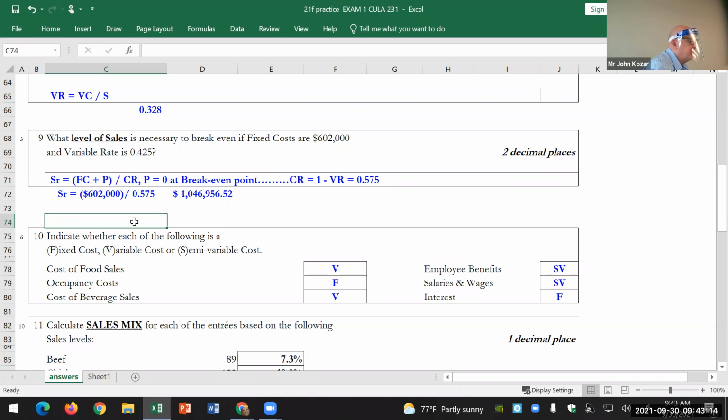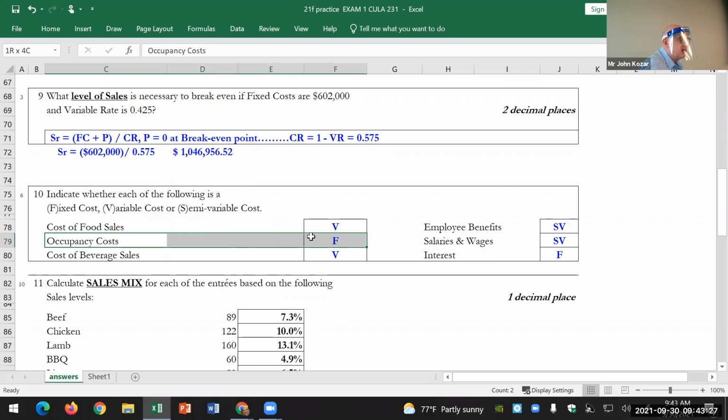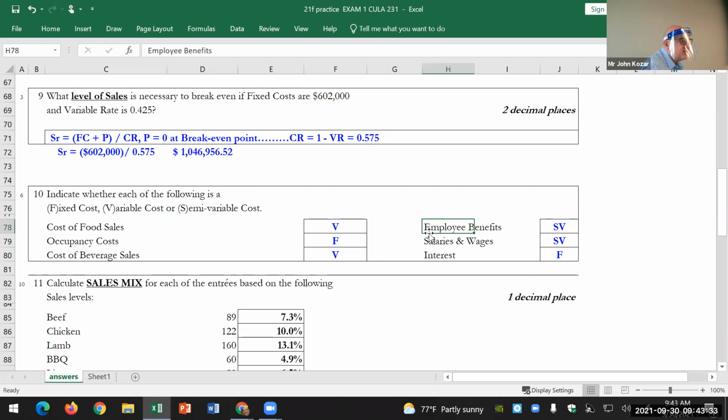Okay, so indicate whether each of the following is a fixed cost, a variable cost, or a semi-variable cost. So cost of food, cost of beverages are variable. Our occupancy cost, whether it's rent or mortgage, is a fixed cost. Employee benefits, that's a semi-variable cost because some of your employees are getting paid wages and some of them are getting paid salaries.